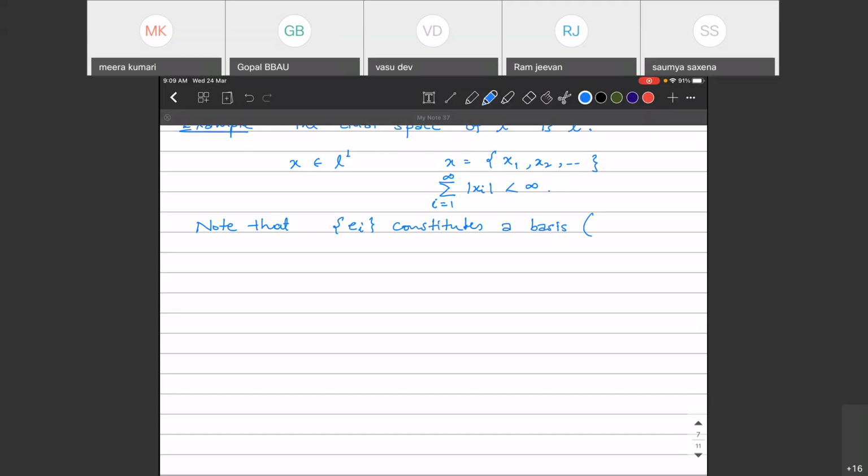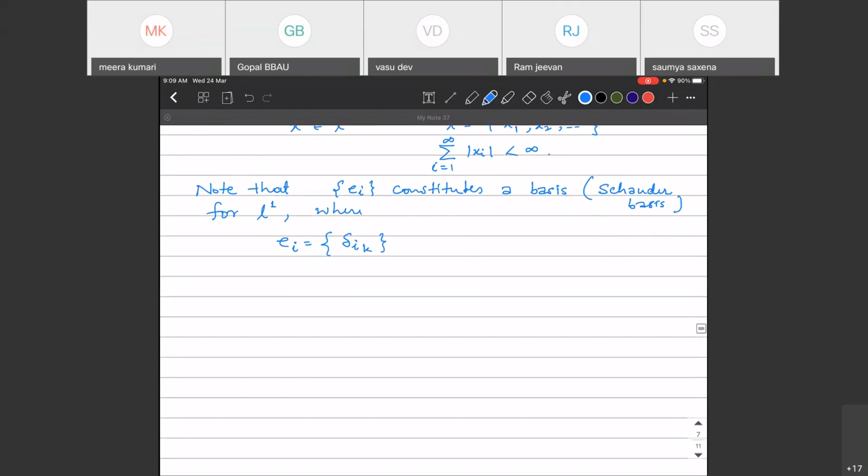Its name is Schauder basis. We call it the Schauder basis for L1, where ei is delta ik.